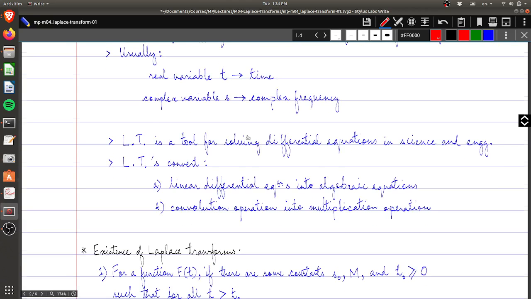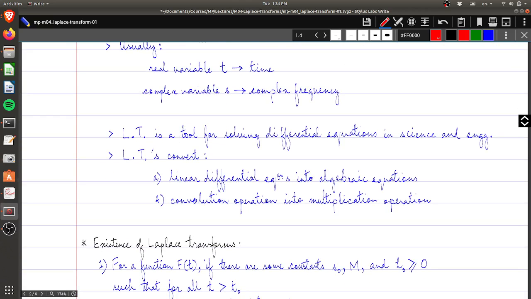The Laplace transform is a very important tool for solving differential equations. One of our applications will be solving a differential equation, and you can see the amount of effort involved. Let's say the harmonic oscillator problem: you know how much effort you have to put in to solve it normally, but if you use the Laplace transform, you can easily see that it reduces the effort. There are lots of applications in science and engineering.